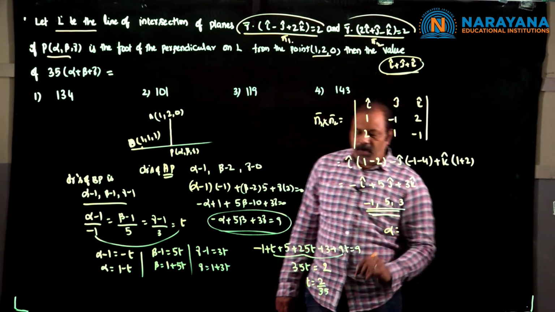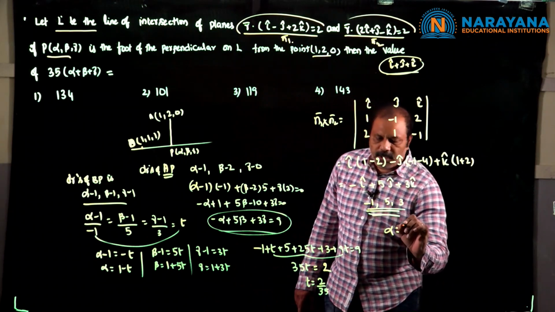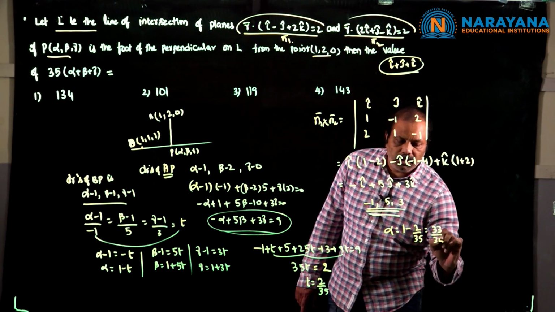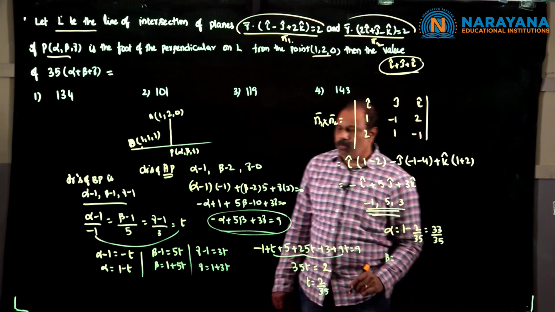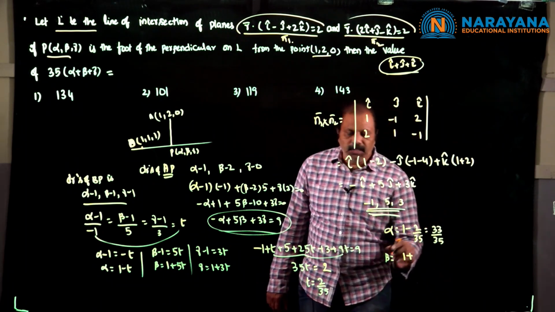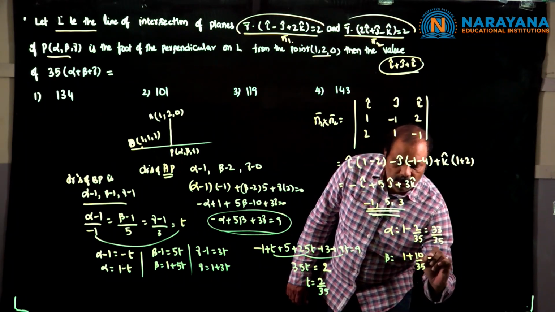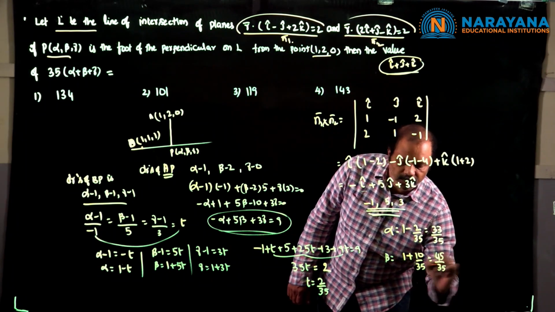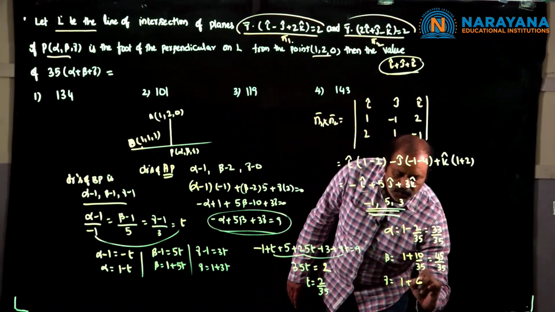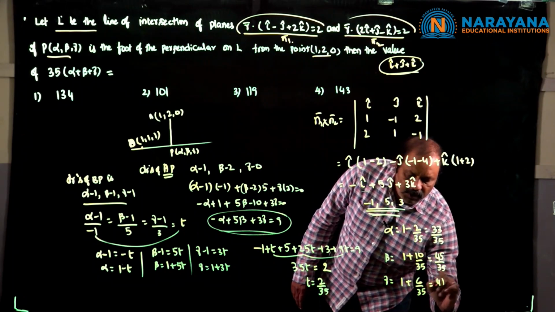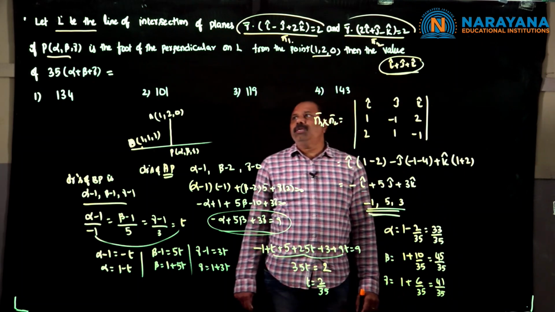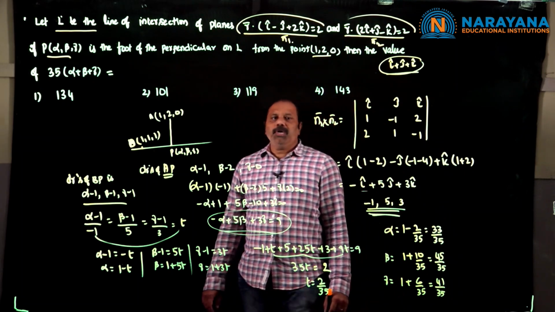From this, alpha is equal to 1 minus T, means 1 minus 2 by 35, which is equal to 33 by 35. Beta is equal to 1 plus 5T, means 1 plus 10 by 35, which is nothing but 45 by 35. Gamma is equal to 1 plus 3T, means 1 plus 6 by 35, which is nothing but 41 by 35. Now he is asking for 35 times of alpha plus beta plus gamma.